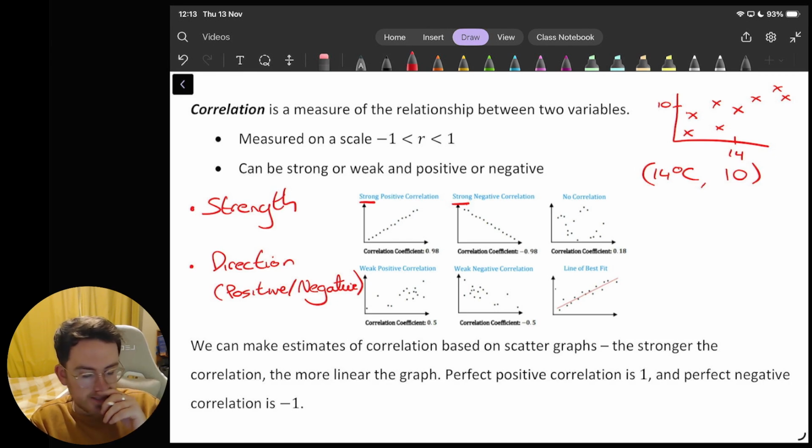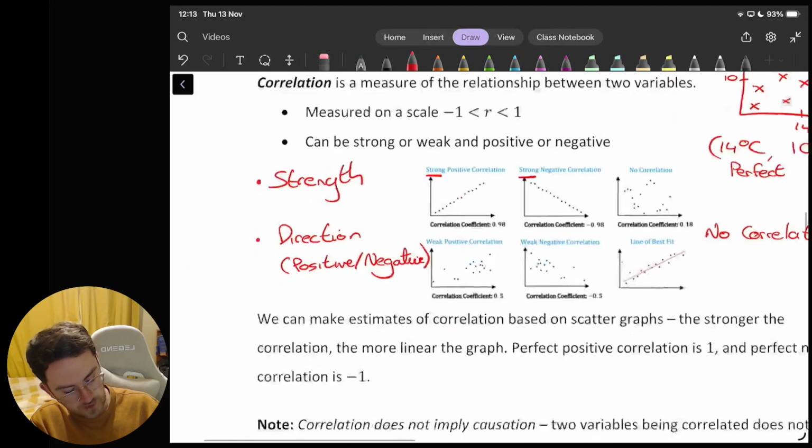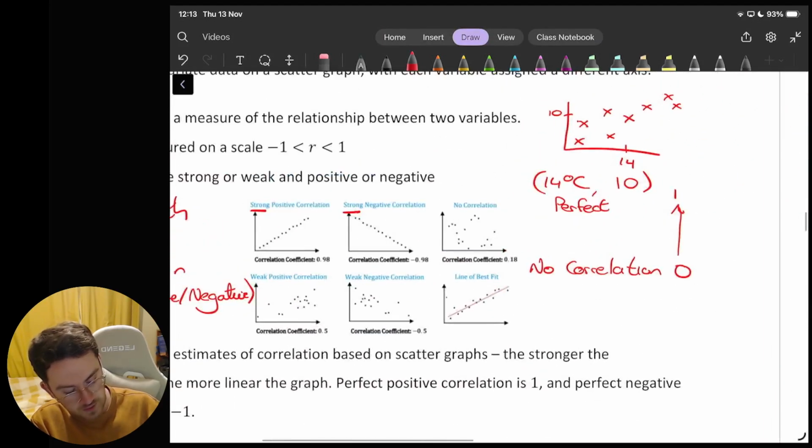As I've said, it's measured on a scale from -1 to 1. It could fall anywhere between there. No correlation is 0. Going up towards 1 is perfect correlation, which would be perfect positive correlation. And down towards -1 would be perfect negative correlation.